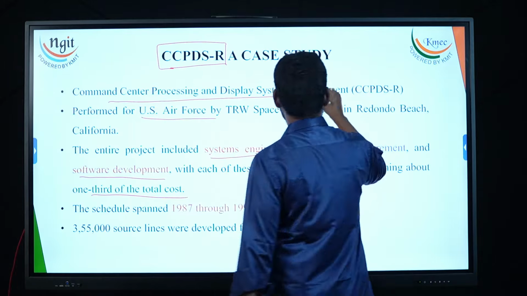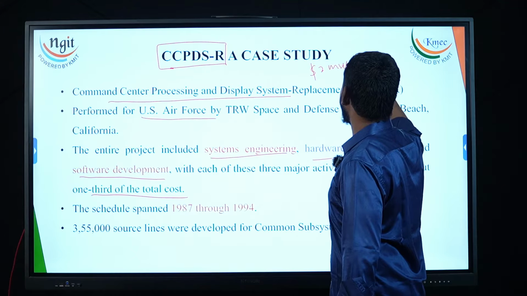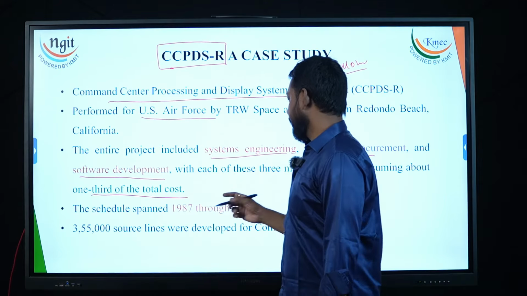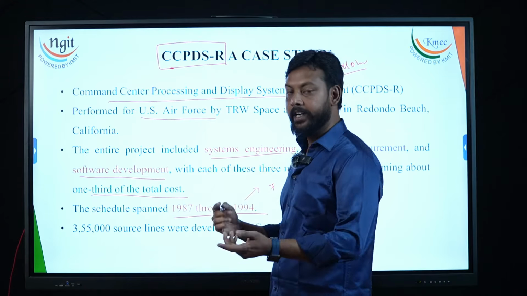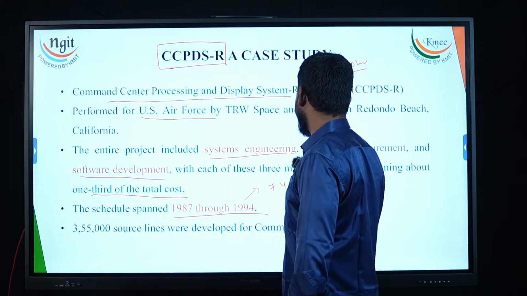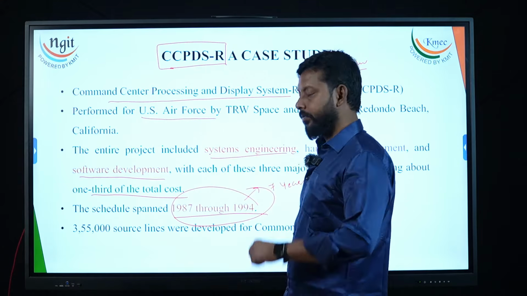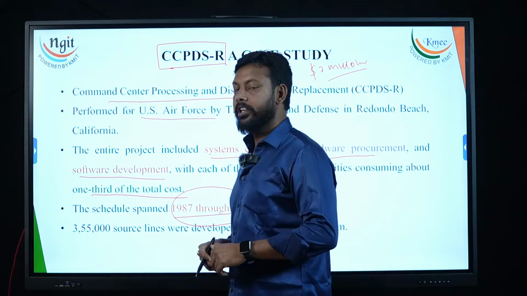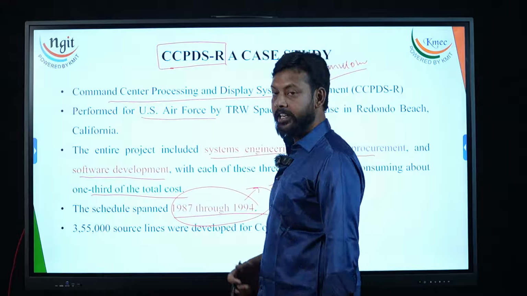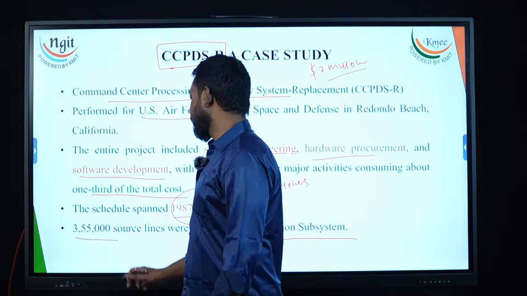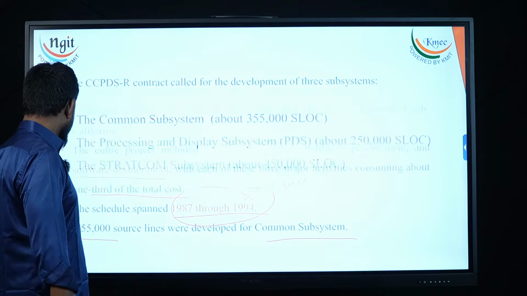This is a project of around $2 million in the period of 1987, and the total time bidded for this project development was 7 years, spanning 1987 to 1994. Each module consists of a different set of lines. Only the common subsystem consisted of around 3,55,000 lines of source code.